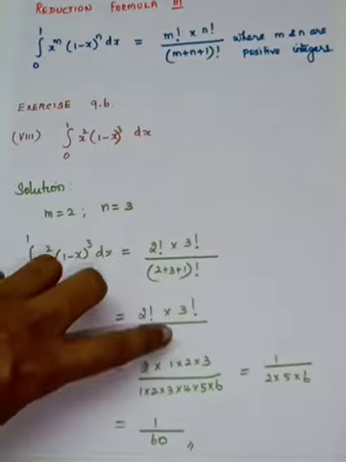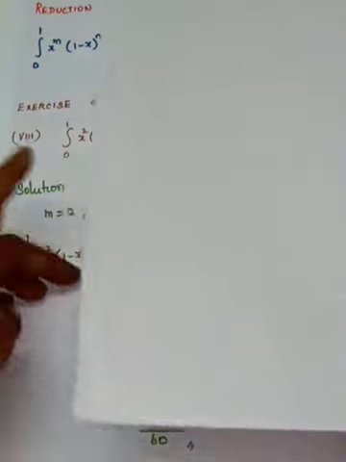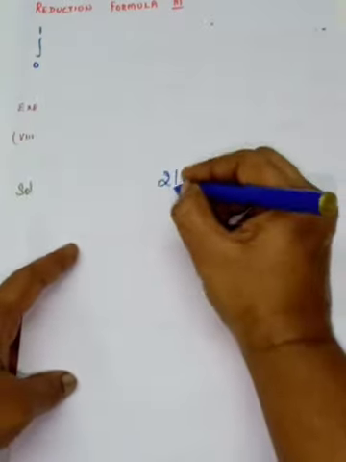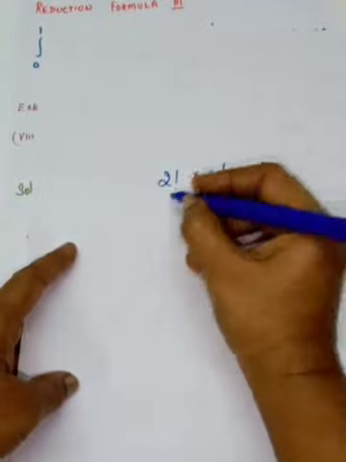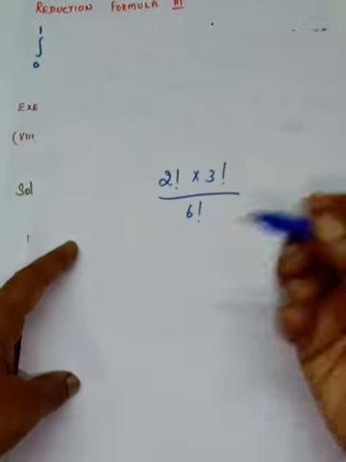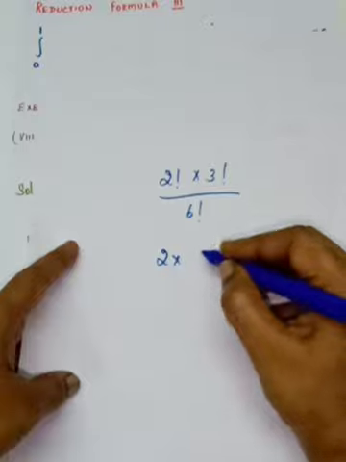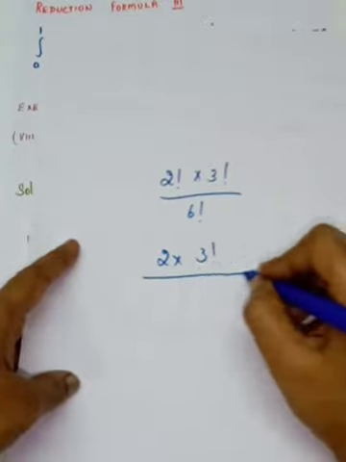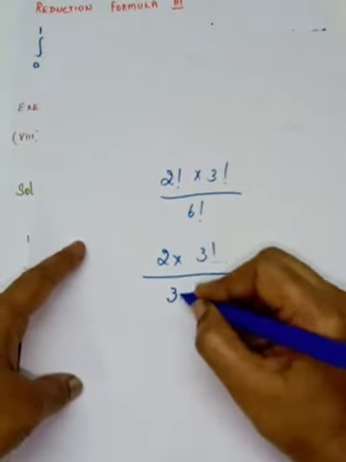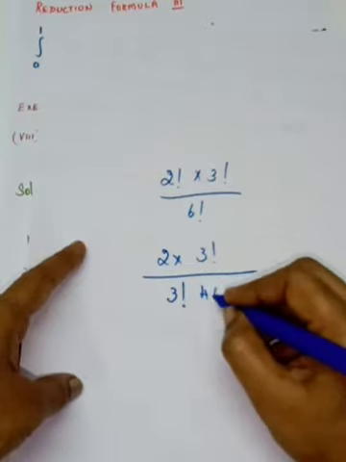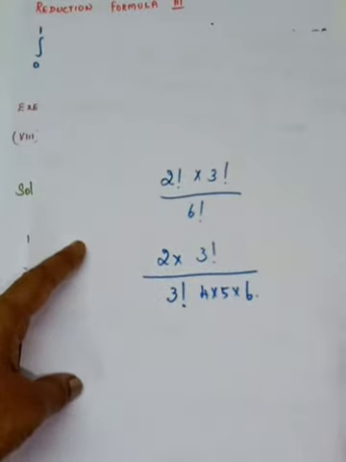So here, you see, you are having 2 factorial into 3 factorial divided by 6 factorial. So 2 factorial answer is 2, 3 factorial you keep as it is. Here 6 factorial can be written as 3 factorial into 4 into 5 into 6. You can write that according to the factorial formula.